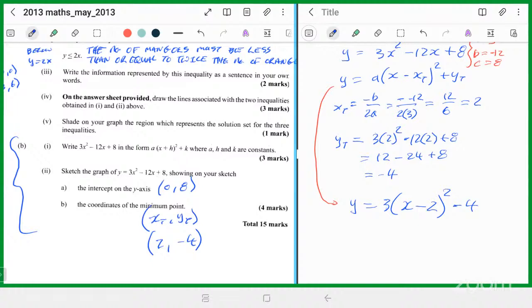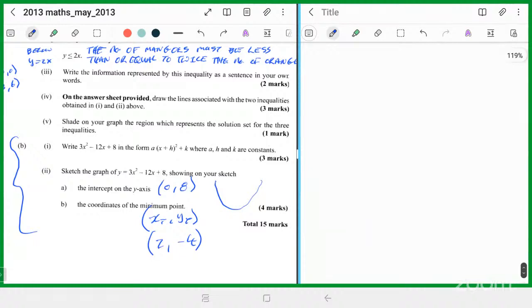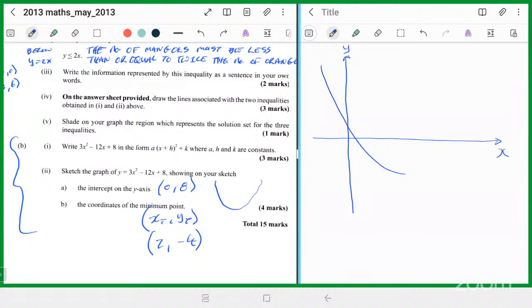So we get a smile, a positive a, drawn to scale.